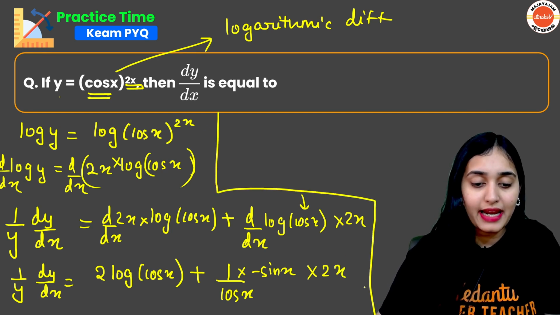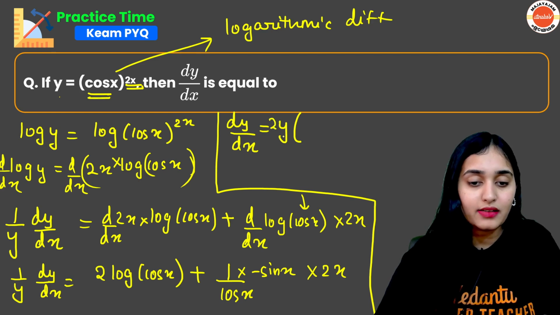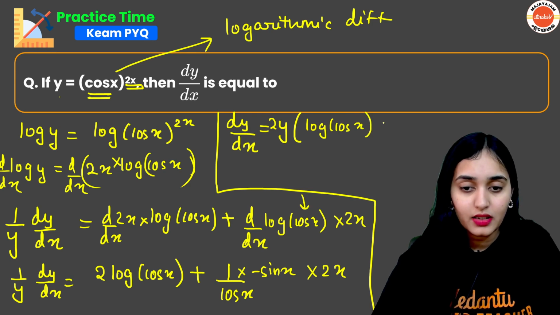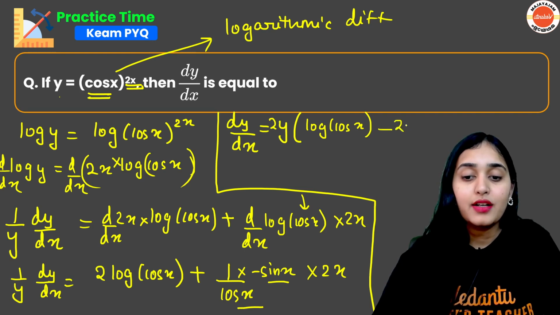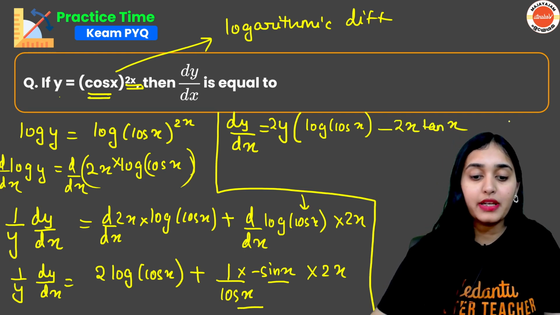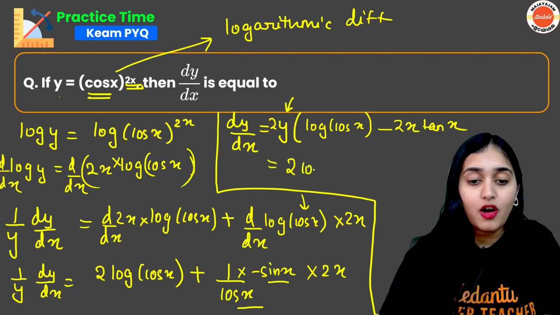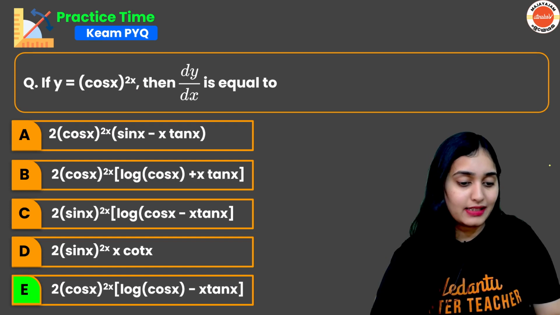So you get dy by dx is equal to y into, take out 2 as common, 2y into log of cos x. Now sin x upon cos x is tan x, minus 2x tan x. Okay. Now put the value of y also. So you get 2 times of cos x to the power 2x into log of cos x minus 2x tan x. This should be your answer. Let's check.